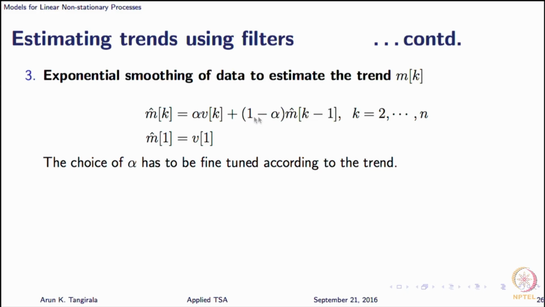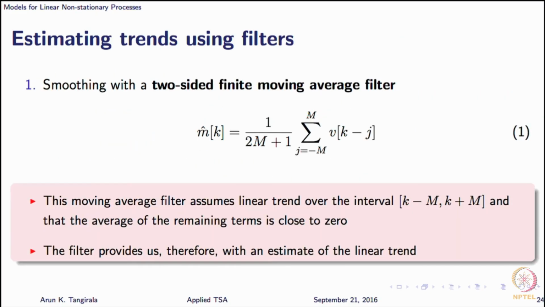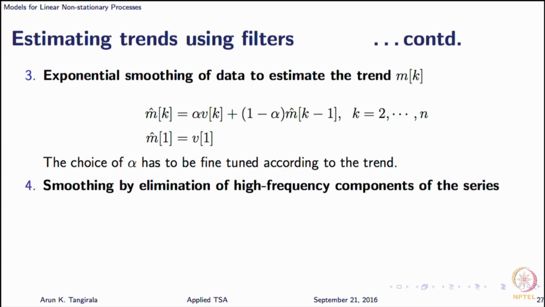We will show later on that this is indeed a filter, when we understand what is meant by a filter, how to analyze the filtering characteristics of a filter and so on. We can come back to this exponential smoothing equation and see what kind of a filter it is. And the other option is of course to use some smoothing by elimination of high frequency components.